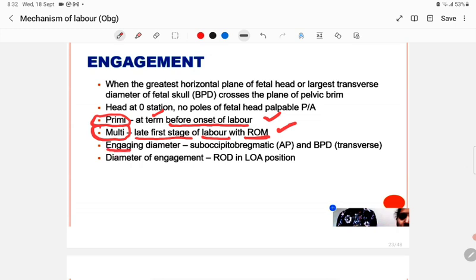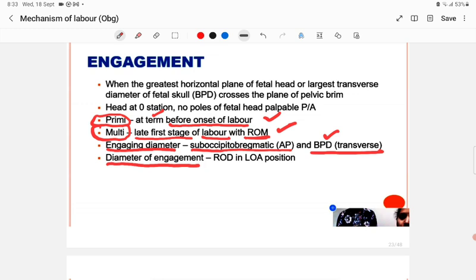What is the engaging diameter and what is the diameter of engagement? The engaging diameter is of the fetal head; the fetal head is going to engage, so it is called engaging. The fetal head diameter is the suboccipitobregmatic, that is the anteroposterior diameter, and the transverse diameter, that is the biparietal diameter, is called the engaging diameter of the fetal head.